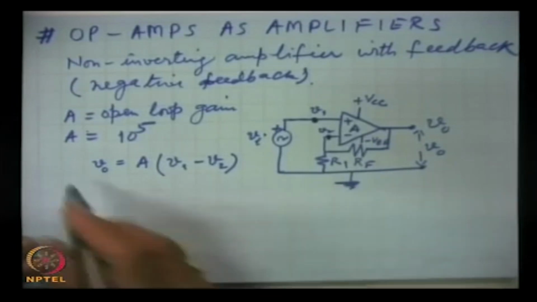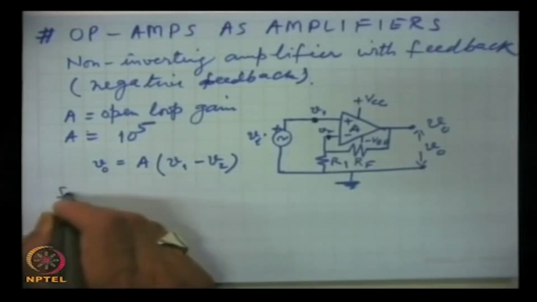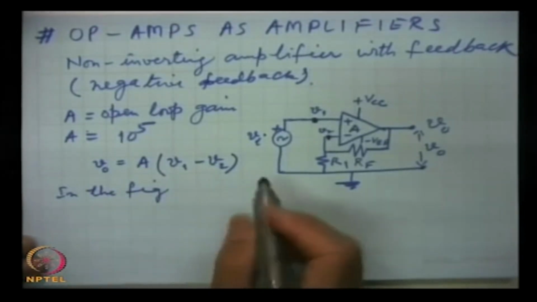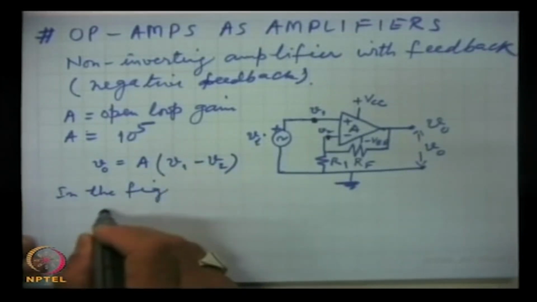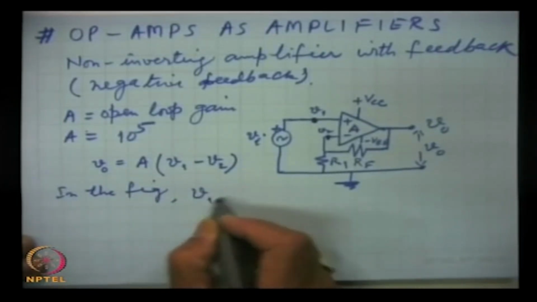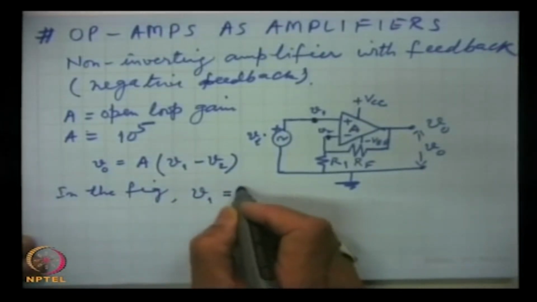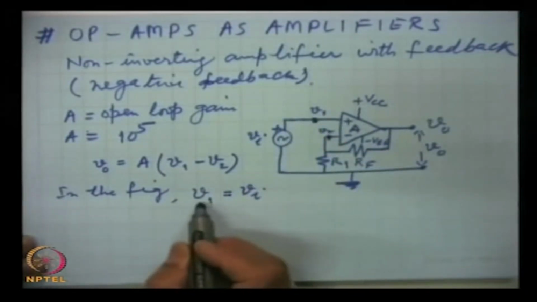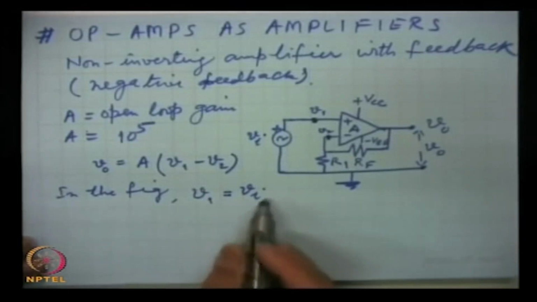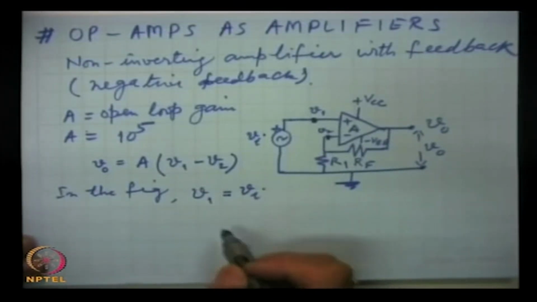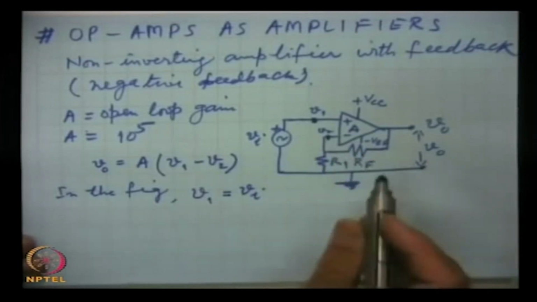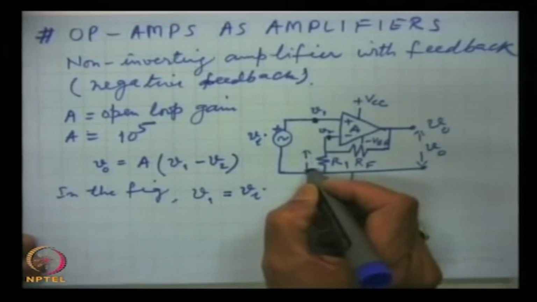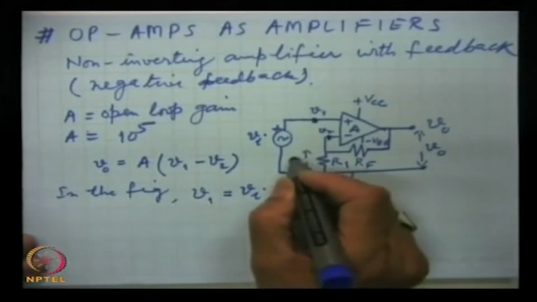If we take in this figure, this V1 is equal to Vi. These two are identical. So, V1 is Vi, and V2 will be the voltage here, the fed back voltage. We write Vf.